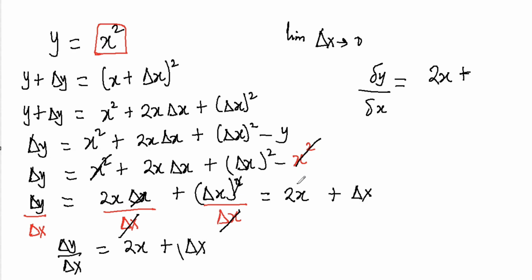So I need to set it to 0, so we have 2x plus 0, which is the same thing as dy/dx equals 2x, and this is our final answer.